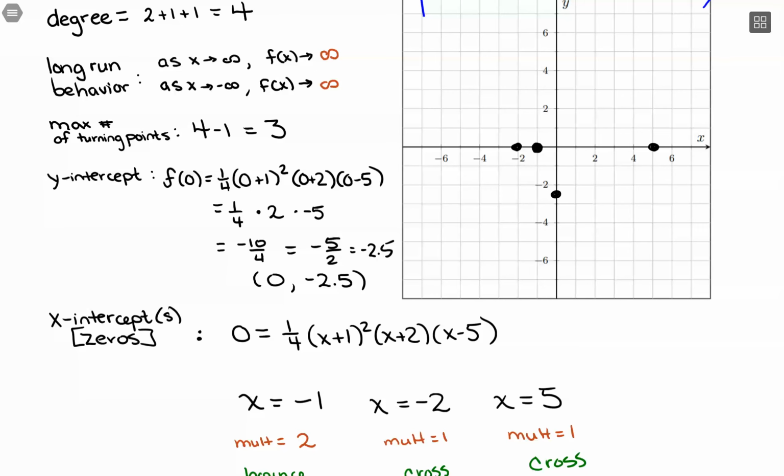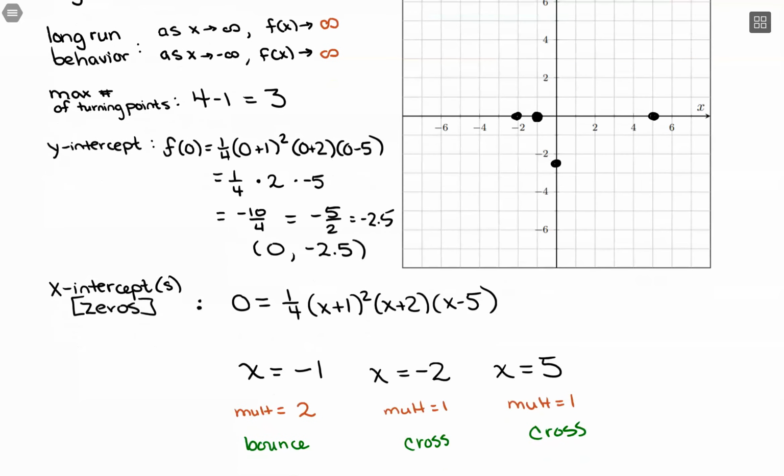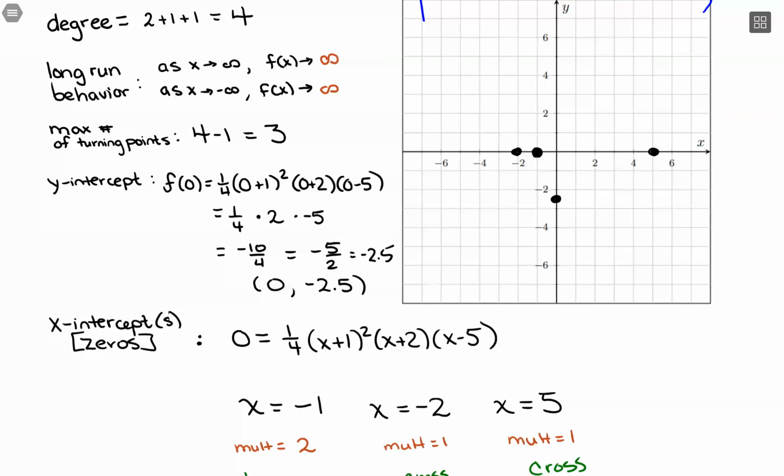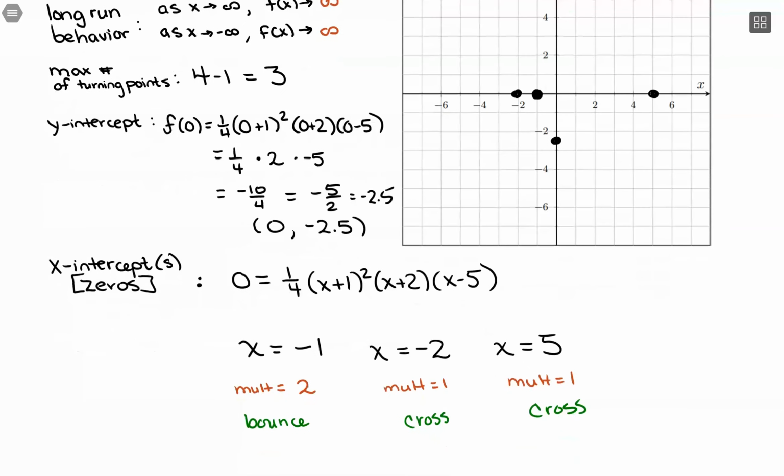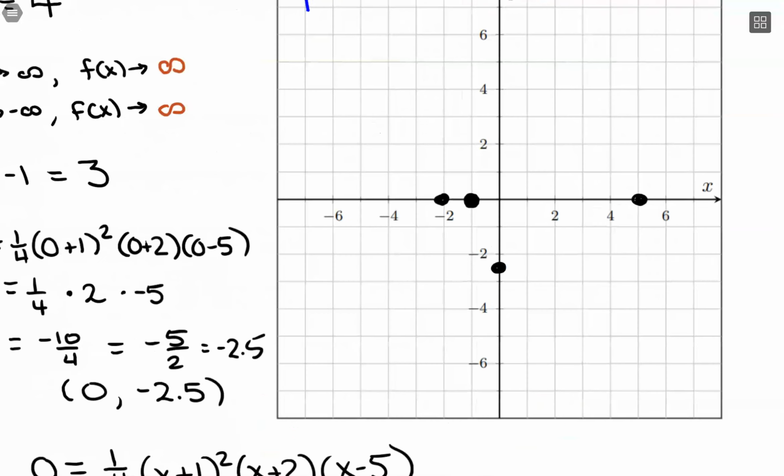And in fact, I'm going to show you as we put this together, but I'll also show you what if I ignore the multiplicity and how we'd get stuck. So let's say I ignored that multiplicity of 2, meaning I'm going to try and go through each of these points right here.